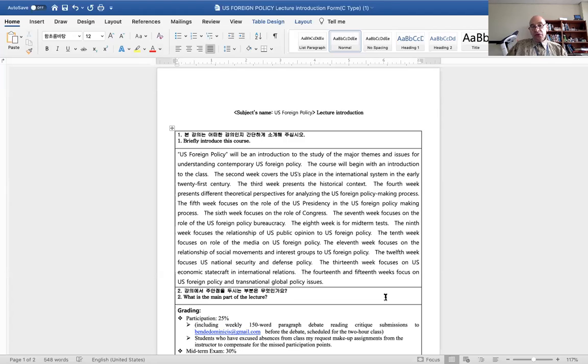The book that we'll be using, whose most recent edition came out this year, is U.S. Foreign Policy, and this is the 6th edition. This book is quite popular, evidently, because it's still in print, which means instructors want to use it.